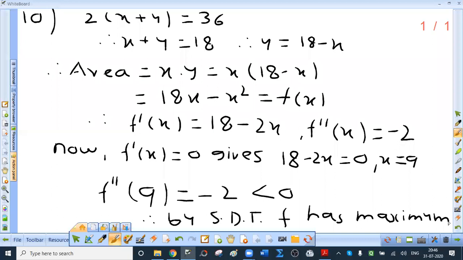So for maximum area, length should be 9 meter. And what about breadth? Same, 9 meter. So the conclusion is for maximum area of rectangle, length must be equal to breadth. That is, rectangle must be a square.